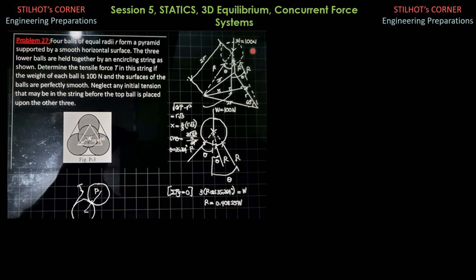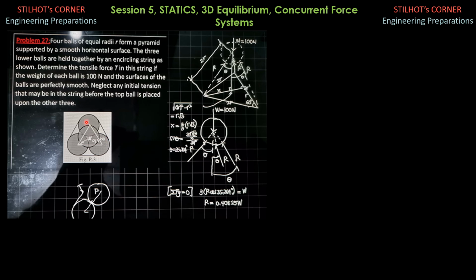So this is the free body diagram of the upper ball. That's the weight, denoted by W, which is equal to 100 newtons, and this is held in equilibrium because of the 3 contact points, and we will call the reaction R, equal because of symmetry.